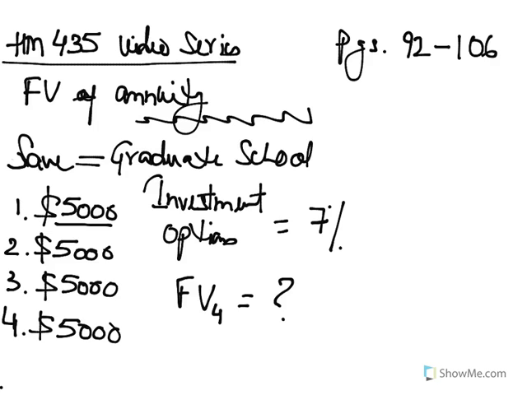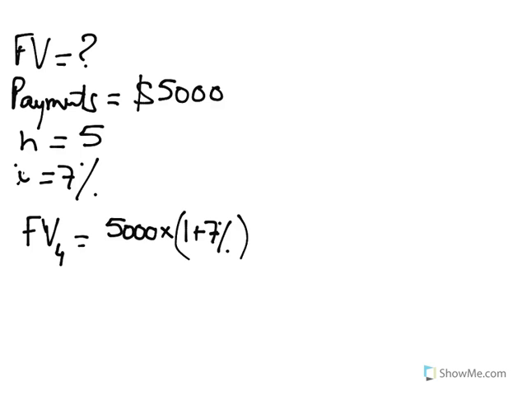So let's count how many years you'll have to move this $5,000. You'll have to move it 1, 2, 3 years. Okay? So, going back to the slide, this will be to the power of 3, because you want to see the future value of $5,000 in 3 years.